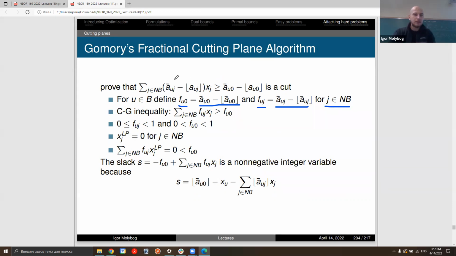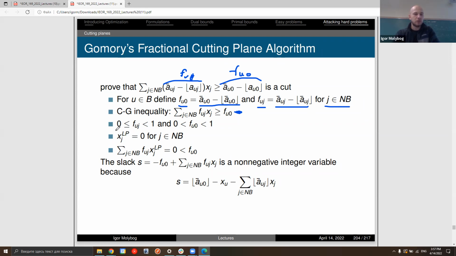So this thing over here is fu0, and this thing over here, it's the other way around, it's fuj, and this is fu0. The CG inequality that we are trying to prove right now can be written this way.